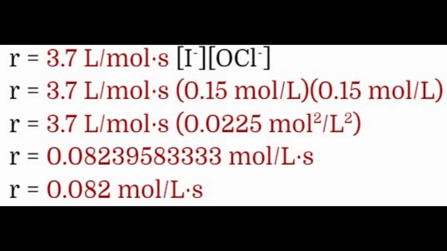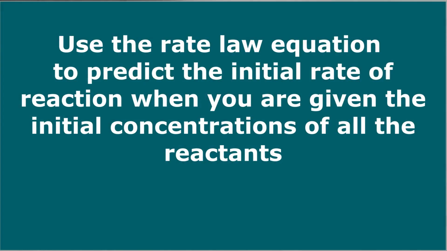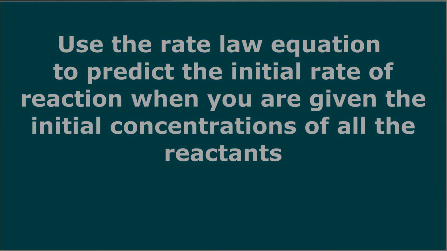We have mole per liter second. I always put dot s at the end. Sounds nicer. Okay, so that is how you figure out the initial rate for the investigation where both of them have that concentration. So you've never done this lab before, but if you start with these two concentrations, that's the rate that you're going to expect.